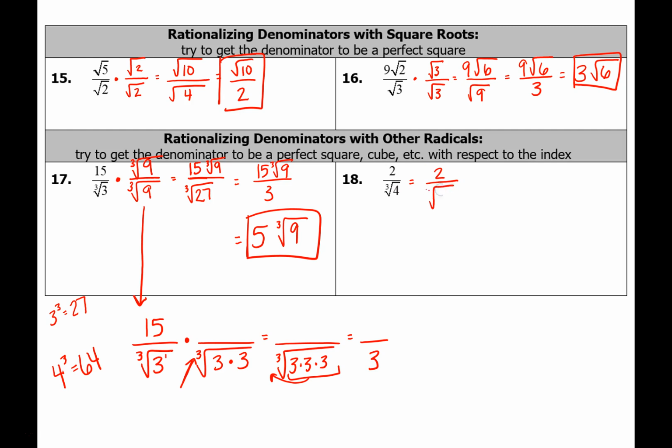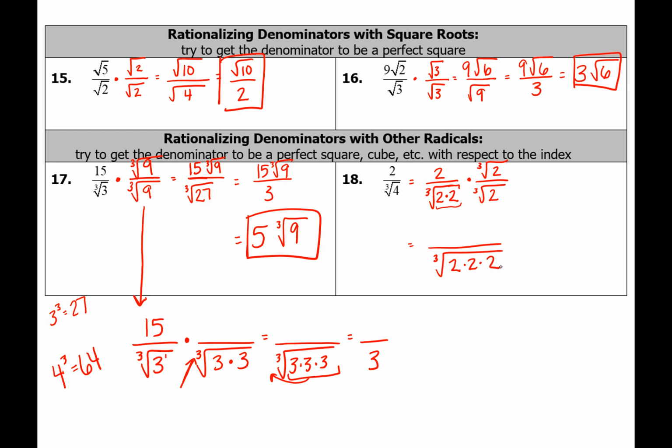So if I change that to a 2 times 2, now what I'm looking at multiplying is a cube root that gets me a triplet. And this means I already have a pair. I have 2 2's. So I only need 1 more 2, and that in my denominator is going to give me a triplet of 2's.